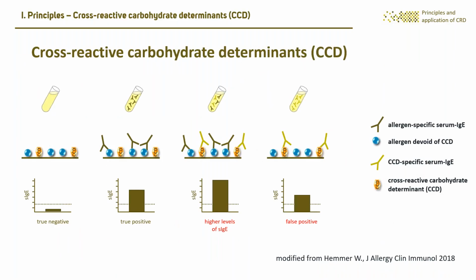And why is that a problem? In this slide, I show you 4 different scenarios which you may encounter in your daily practice. So here, this represents the solid phase of the test used for IgE measurement. These blue balls represent the proteins, the allergen molecules devoid of CCDs. And these golden structures here represent the CCDs.